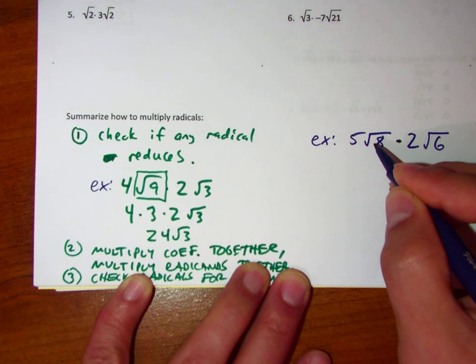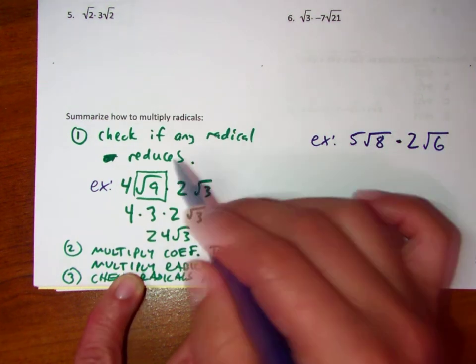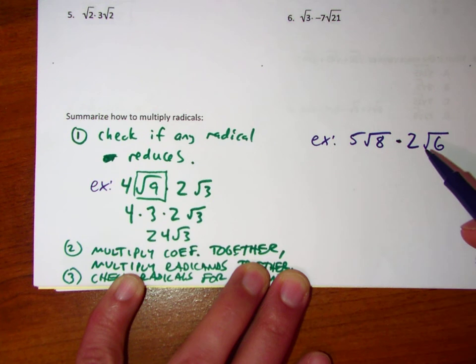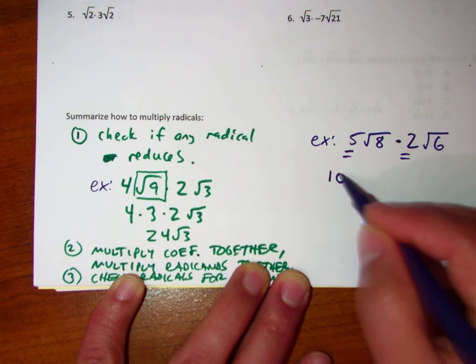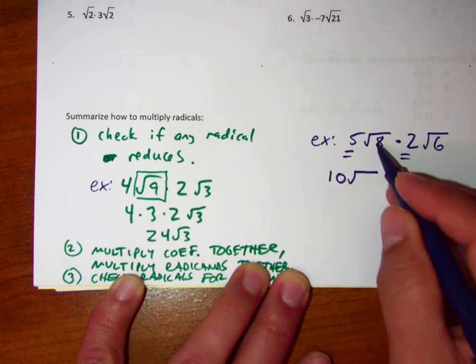I might even do it both ways so you can see, but let's just stick with the obvious option, which is the square root of 8 does not turn into anything nice, and neither does the square root of 6. So now we're going to take 5 times 2, and that's going to be 10. The square root of 8 times the square root of 6. So you multiply the 8 and the 6, and you get 48.